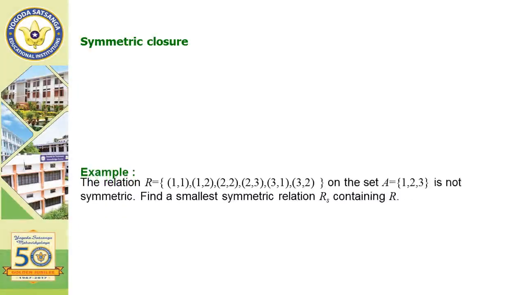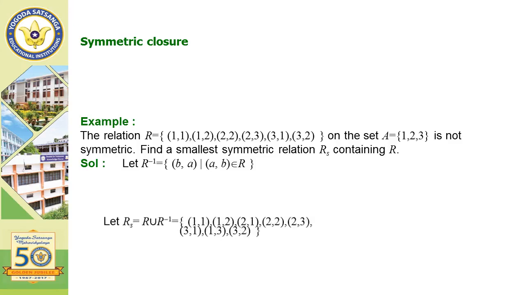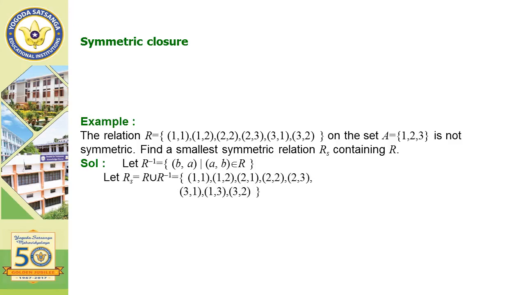Symmetric closure. For example, the relation (1,1), (1,2), (2,2), (2,3), (3,1) and (3,2) on the set {1,2,3} is not symmetric. Find the smallest symmetric relation RS containing R. We have to find the inverse relation such that it becomes a symmetric relation.